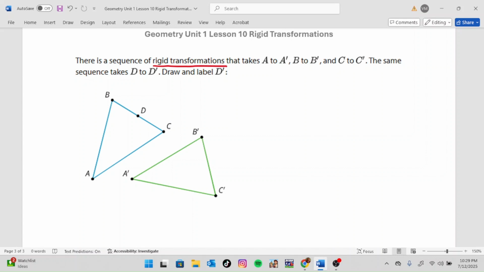So if I was to look and go from the blue triangle, which is ABC, and I was to change it to the green triangle, which is A prime, B prime, C prime, it appears that we rotated clockwise and we translated right.